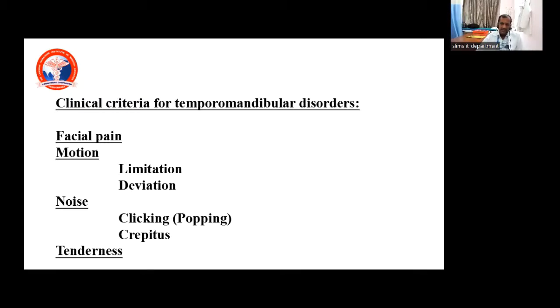The other one is abnormal joint sounds, either clicking or crepitus, and the other one is tenderness in the temporomandibular region.